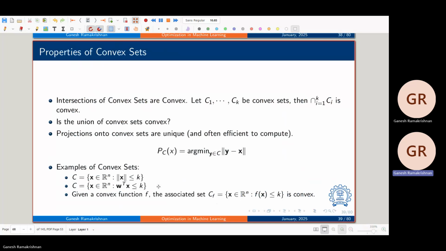Which one is the infinity one? Left side. Okay, this is a norm ball. Infinity norm of x is less than or equal to 1. Here, the one norm of x is less than or equal to 1.